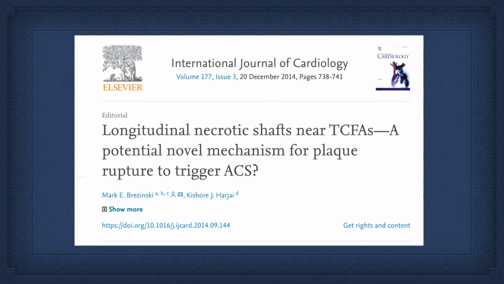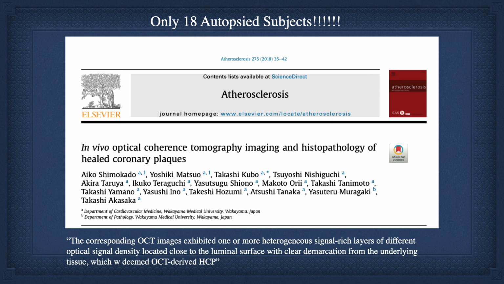And that was based on this study, which I'm not going to go into here. Long longitudinal cores. We didn't originally have the idea until that Circulation paper I just showed you. Now, this is the study that's used to validate, quote, healing diagnosis by OCT.